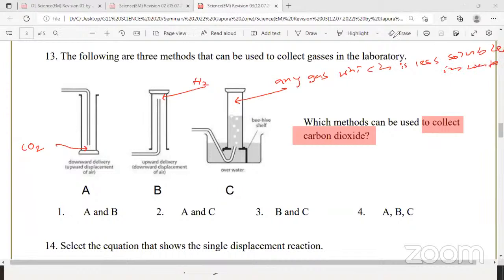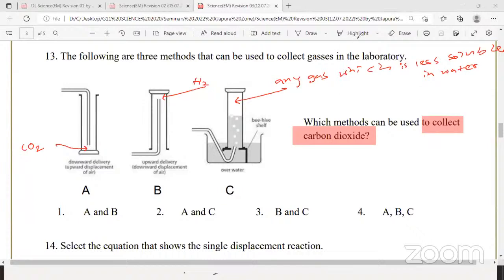But if you take a gas like ammonia, you can't collect using this method because ammonia gas is what? Highly soluble in water. So ammonia, before it collects at the top, it will dissolve in water. Any gas can be collected above water because any gas is less dense than water.